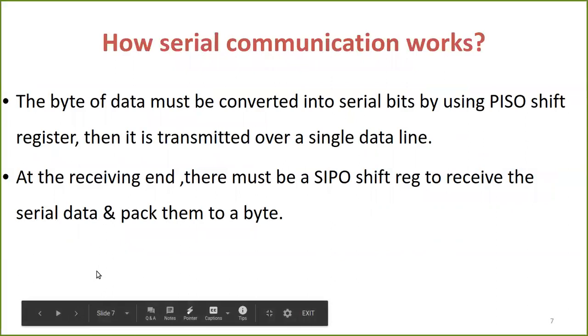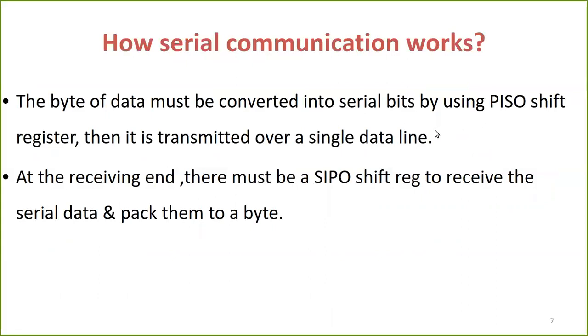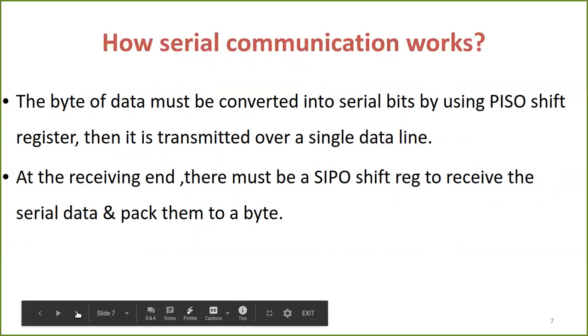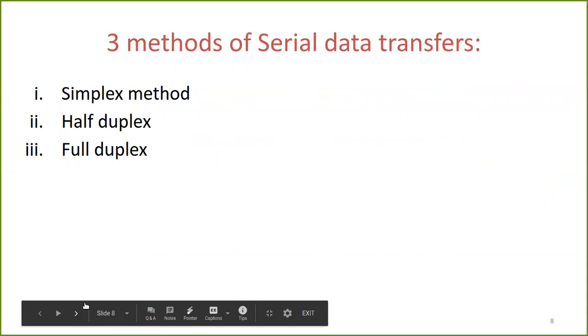So how does serial communication work? As I told in the previous figure, the parallel bits have to be converted into serial by a parallel in serial out shift register, and then the transmission takes place. At the receiving end, there must be a serial in parallel out shift register, where the received serial data is converted into parallel for processing.